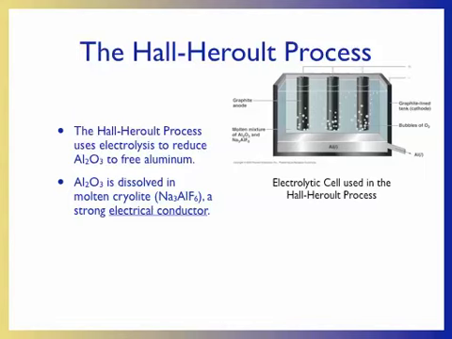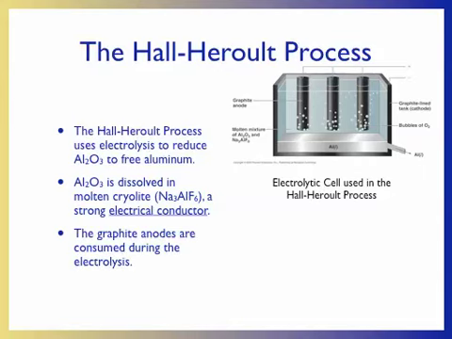The molten mixture of aluminum oxide then undergoes electrolysis with the graphite electrodes. But one main difference here is that the graphite electrodes are actually consumed during the electrolysis in the Hall-Héroult process. The anode reaction involves the graphite electrodes.